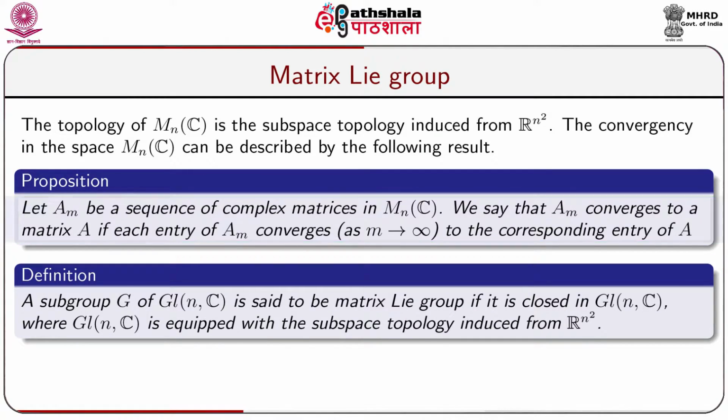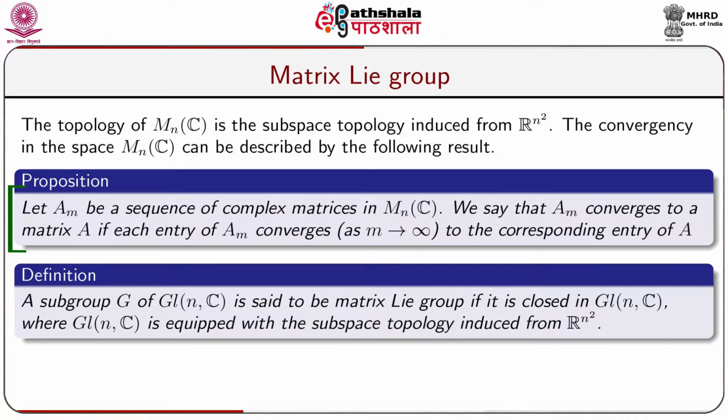We say that Am converges to a matrix A if each entry of Am converges, as m tends to infinity, to the corresponding entry of A. That is, if Am,ij converges to Aij for all indices ij.